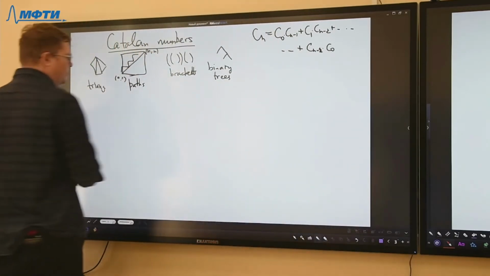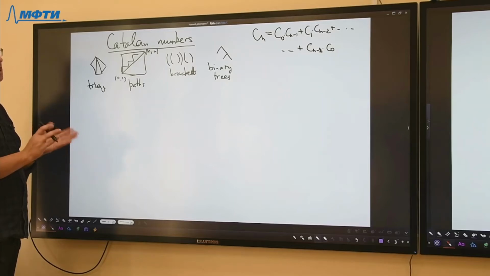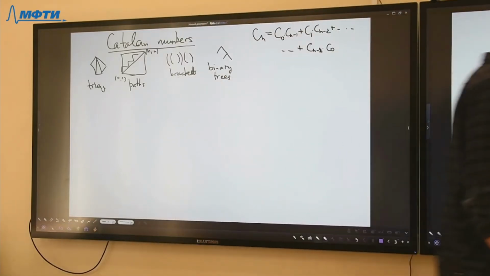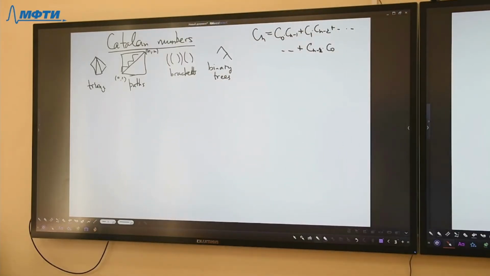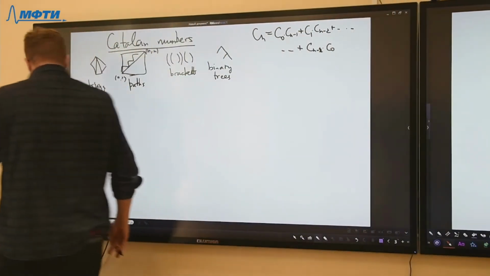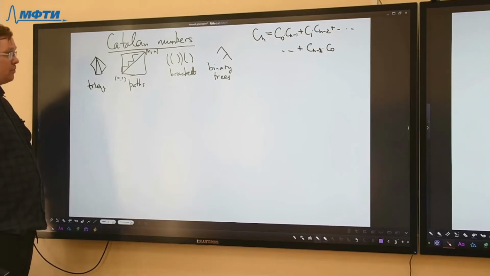I'll finish the first trick, and for the second trick I'll try to give you an idea, and then if you want, you can think about this idea and how to calculate the Catalan numbers in different ways.